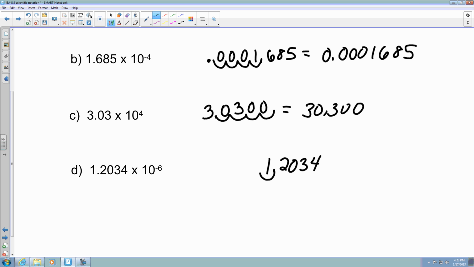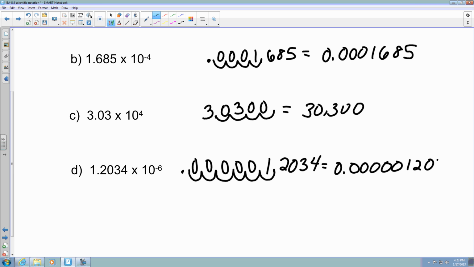So it's going to go 1, 2, 3, 4, 5, 6. Decimal point there. I have 0, 0, 0, 0, 0 to add in. So this ends up equaling 0 point, and I got 1, 2, 3, 4, 5 zeros in front. So 1, 2, 3, 4, 5, and then 1, 2, 0, 3, 4.